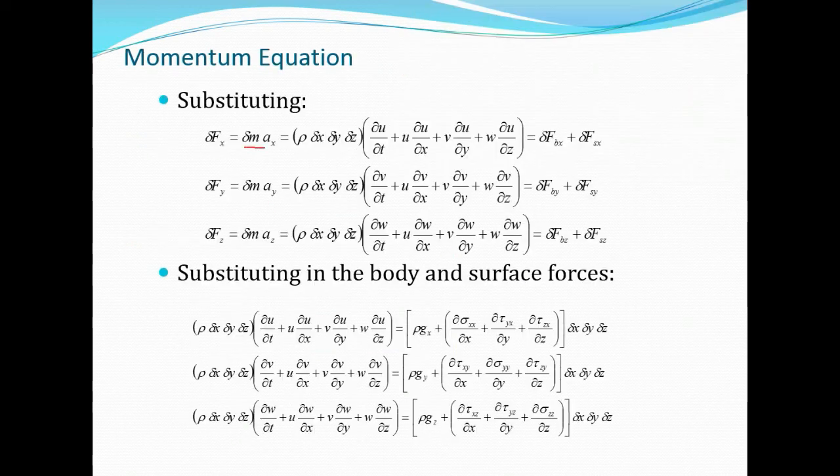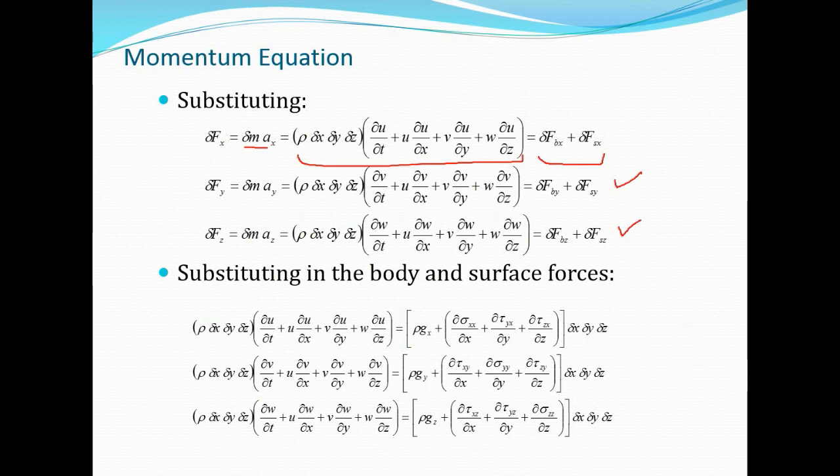So we have that mass times acceleration that turns into this giant term, and in the x direction that would equal the sum of the body and surface forces in the x direction, and similarly in the y direction and in the z direction.